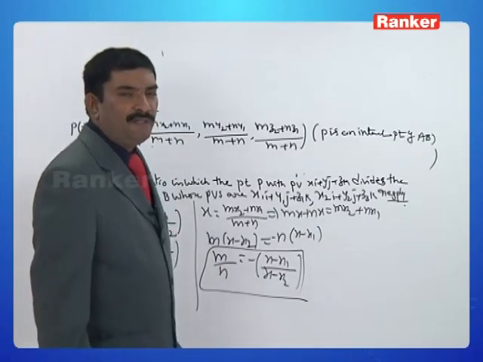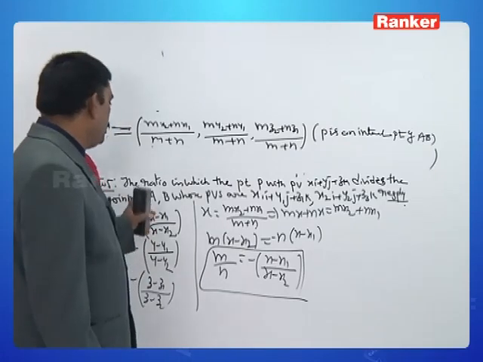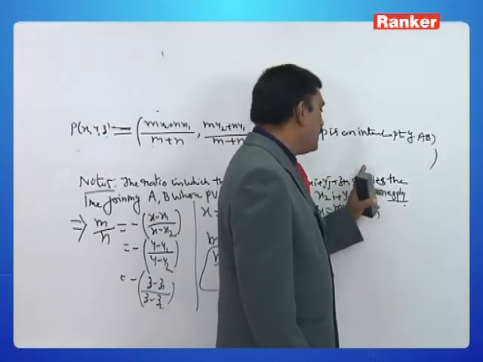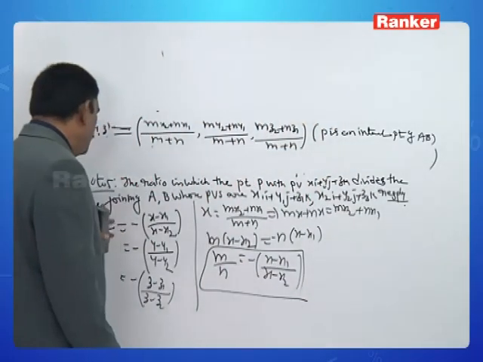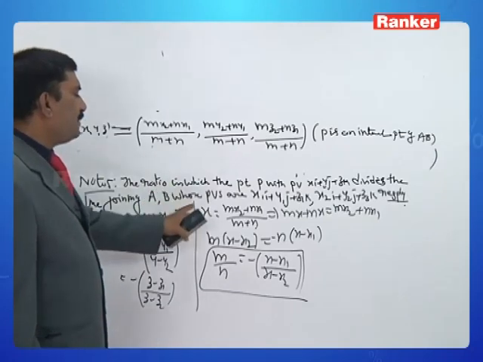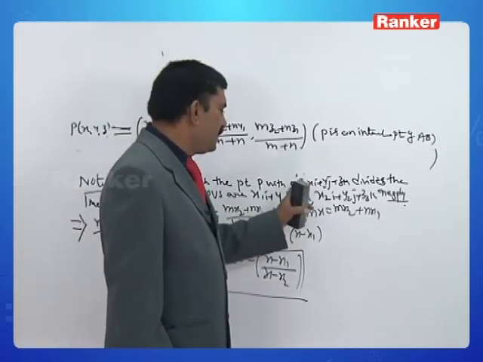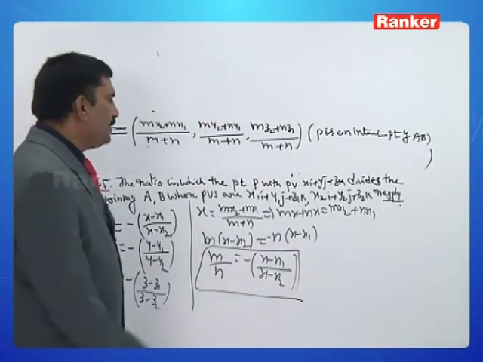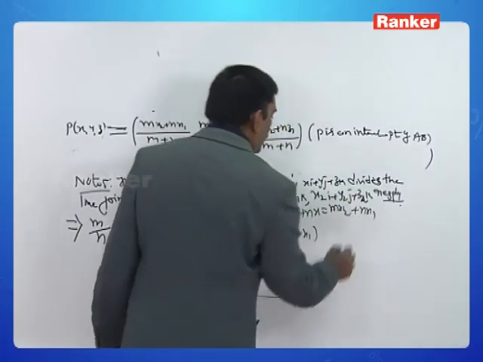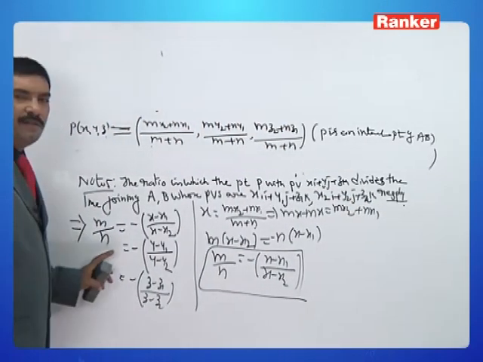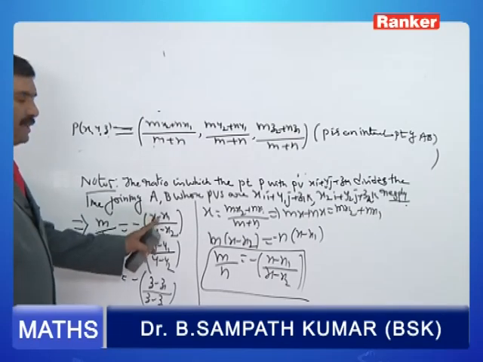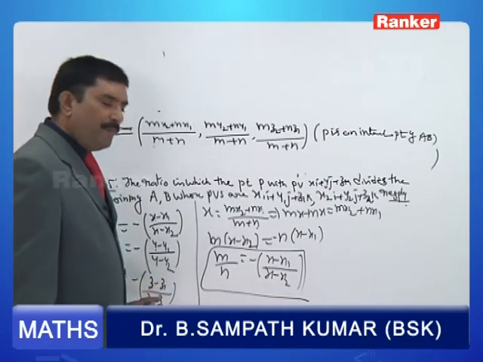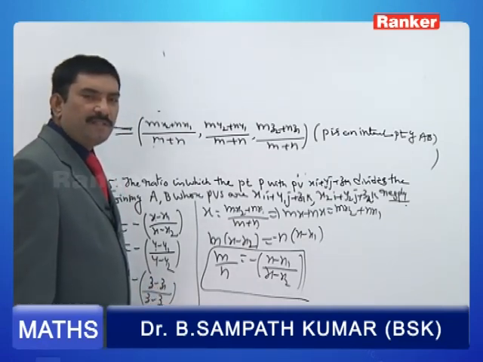So therefore, hereafter we come across the ratio in which the point P with position vector xi plus yj plus zk divides the line joining A comma B whose position vectors are x1i plus y1j plus z1k, x2i plus y2j plus z2k respectively. Then m by n is equal to minus of x minus x1 by x minus x2, minus of y minus y1 by y minus y2, minus of z minus z1 by z minus z2.